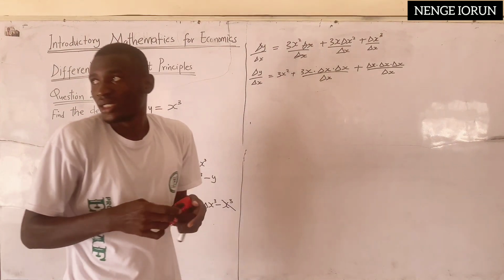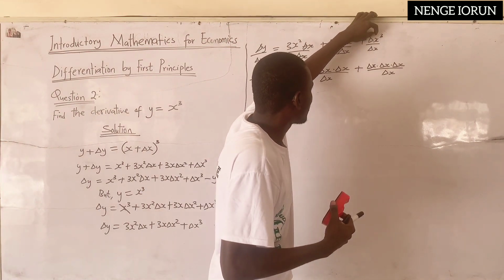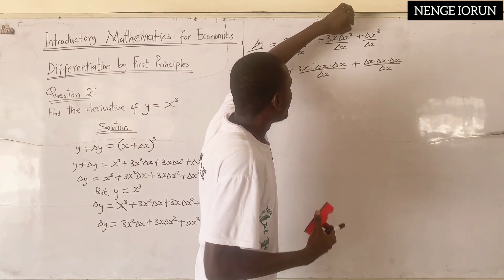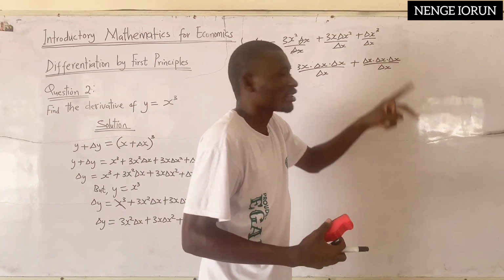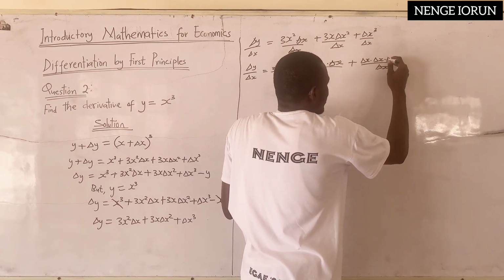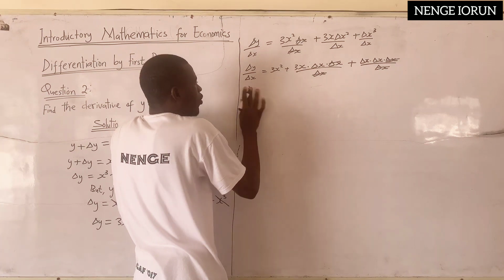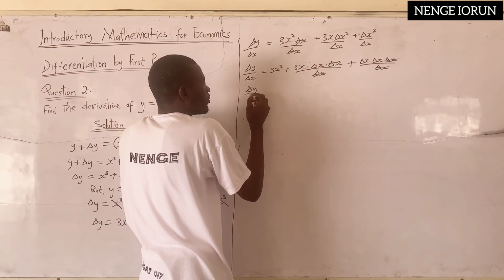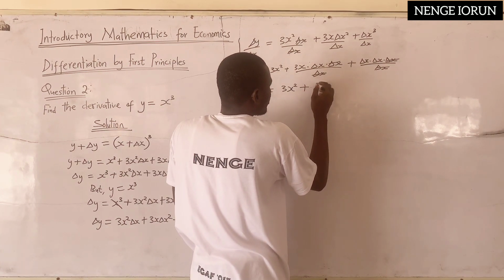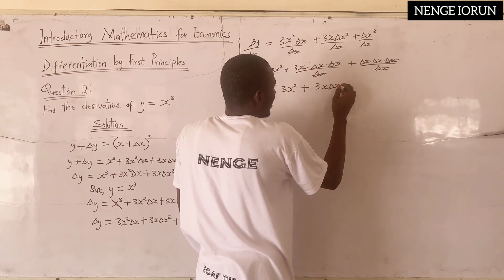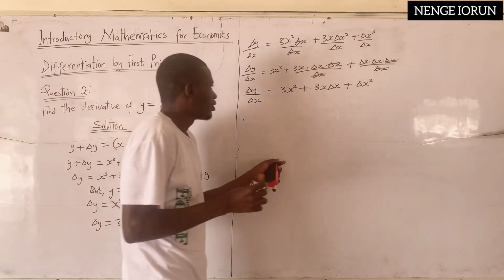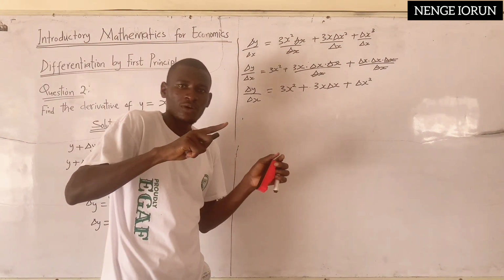This is just expansion, because delta x raised to the power of 3 means delta x 3 times, delta x raised to the power of 2 means delta x 2 times, and dot is multiplication. So now, delta x cancels delta x. So you have delta y with respect to delta x is equal to 3x squared plus 3x delta x plus delta x squared.